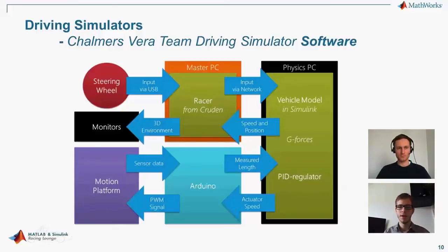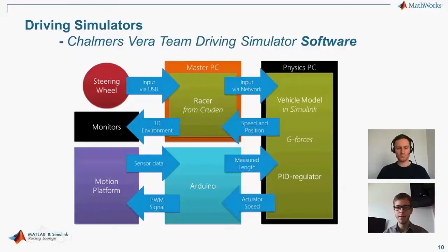So we connect the typical, and again, the standard component PC gaming wheel to a PC by USB. And we send the input to a software from Cruden called Racer. Racer then packs this input into a network package and sends it to another PC via standard router and network to what we call the physics PC.